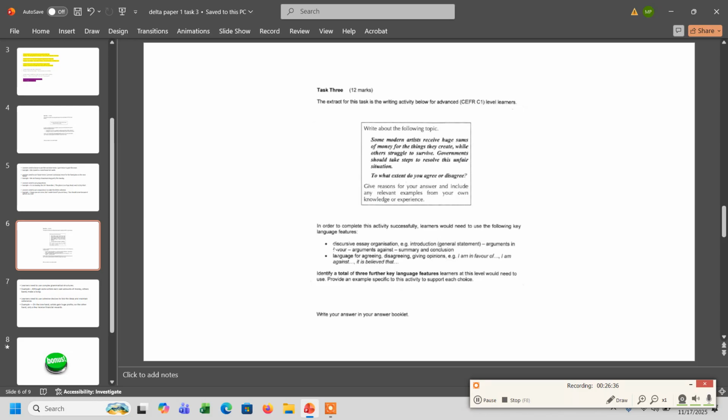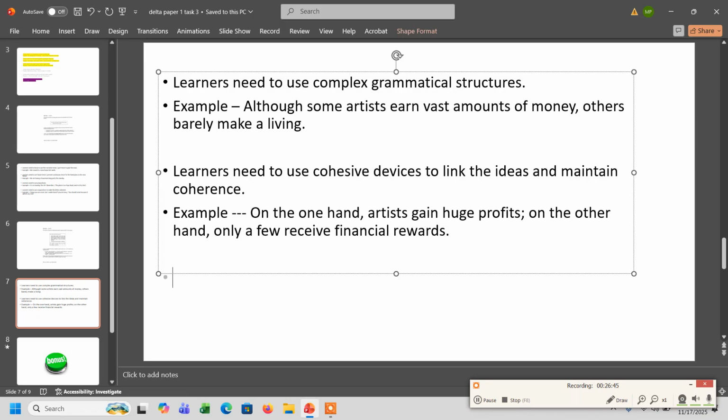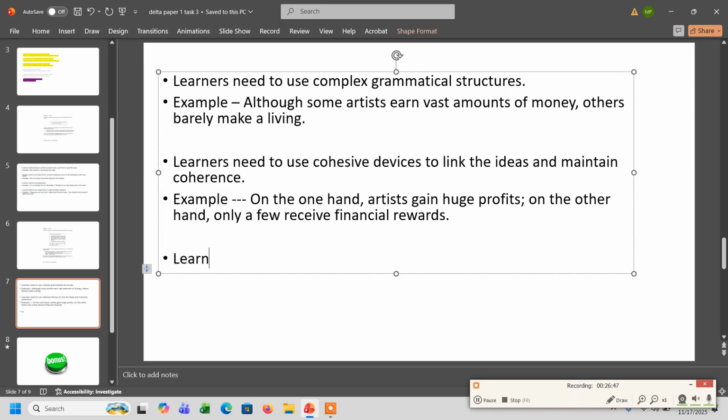we can also add inversion, because this is a C1 level. So learners, you can add a lot of things like nominalization. It would be also okay. Or maybe embedded sentence with which clause or that clauses.